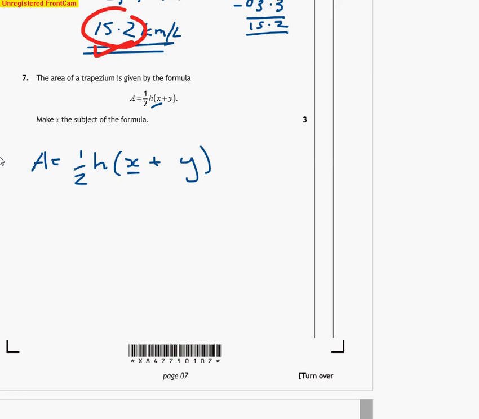So over here, we're going to do a divided by a half. Okay, here we're timesing, over there we're dividing. So we're going to end up with 2a on that side. Okay, because we're doing a half times, over here we're doing dividing by a half. So if we divide this by a half, we're going to be timesing it by 2.